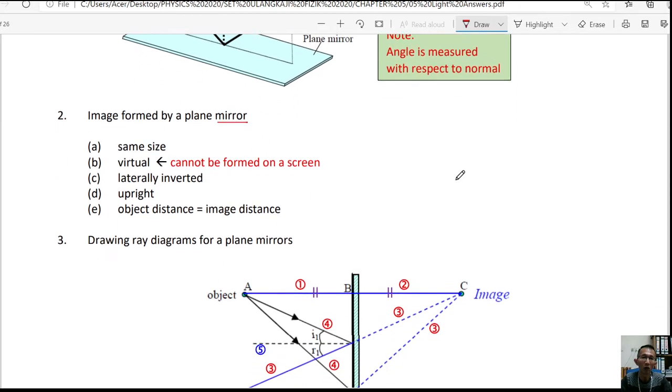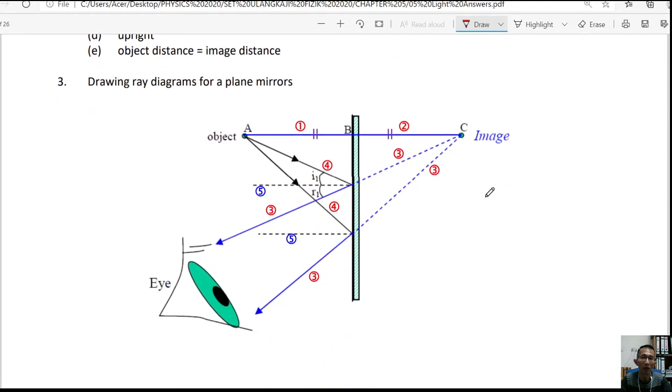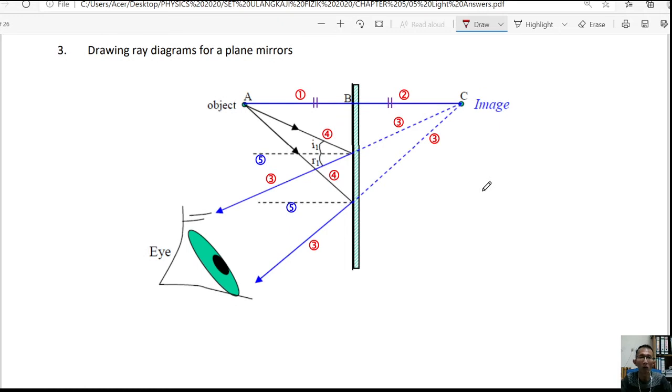And then how do we draw a ray diagram for a plane mirror? First, you check where the object is. Our object is at point A here. Next, we measure the distance from the object perpendicular to the mirror. Let's say this distance is 5 centimeters.